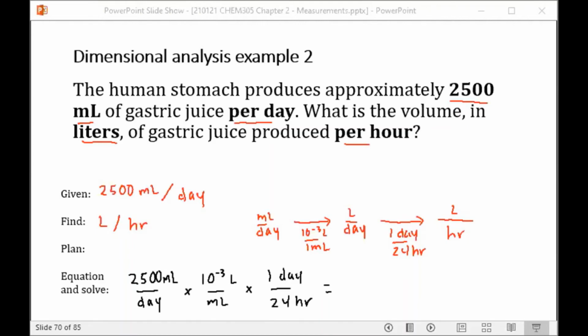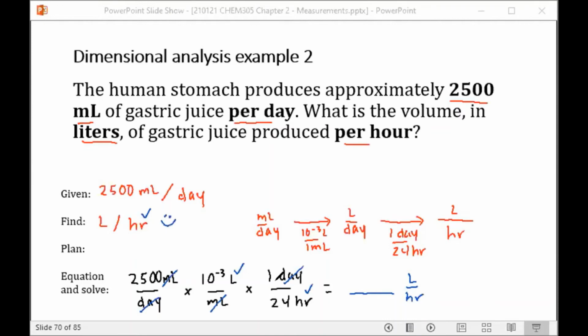So let's check our units to make sure our givens cancel out and we're left with what we want to find. Milliliters and milliliters cancel out. Days in the denominator cancel out with days in the numerator. So all we're going to be left with is some number with units of liters per hour, which is what we want to find.